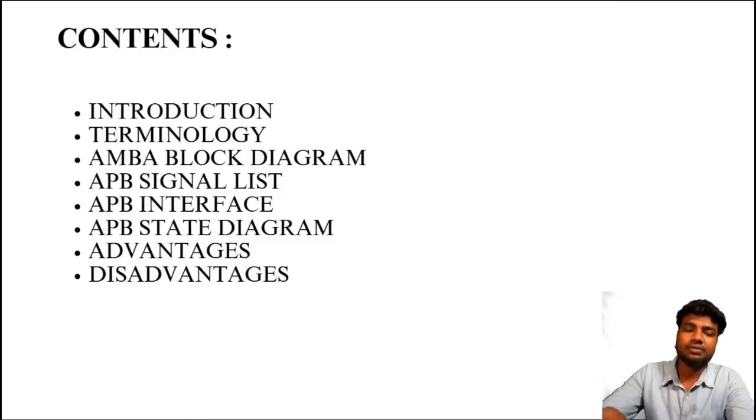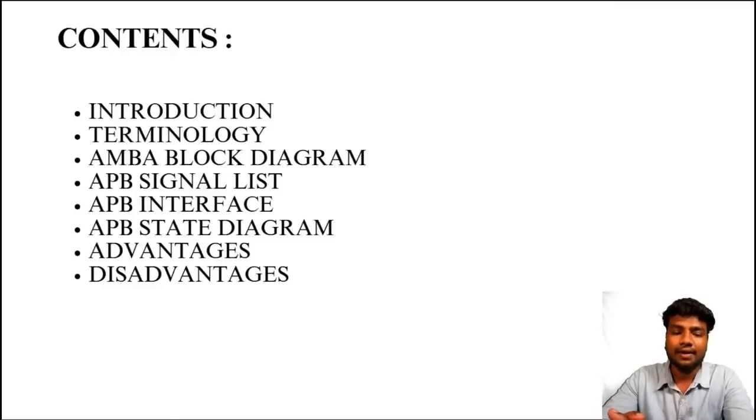These are the contents we are going to see in this session: introduction, terminology, AMBA block diagram, APB signal list, APB interface, the APB state diagram, and advantage and disadvantage of the APB. Mainly, we can write the RTL code and the test bench code, so we can verify that.